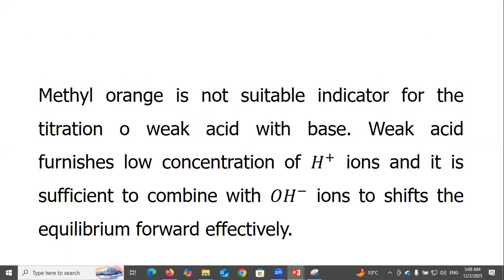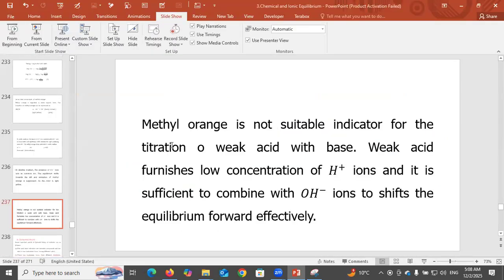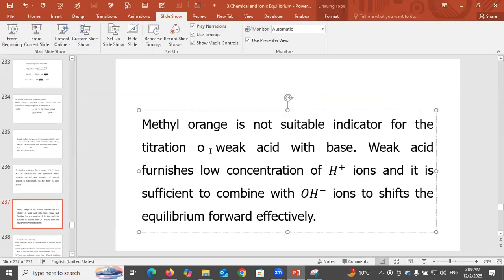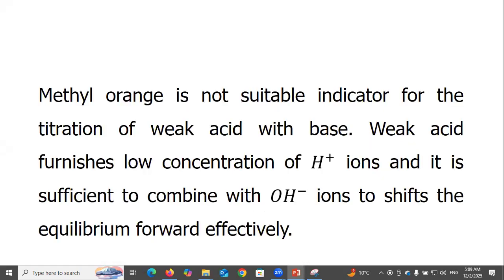Methyl orange is not a suitable indicator for the titration of a weak acid with a base, because the weak acid furnishes a low concentration of H plus ions, which is not sufficient to combine with hydroxide ions to shift the equilibrium forward effectively.